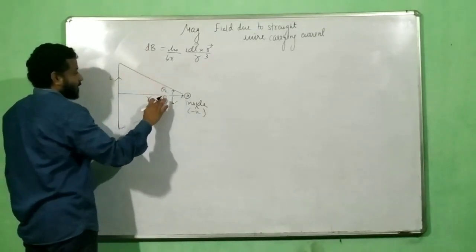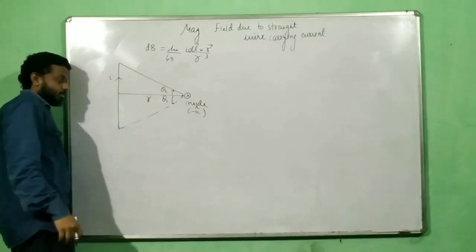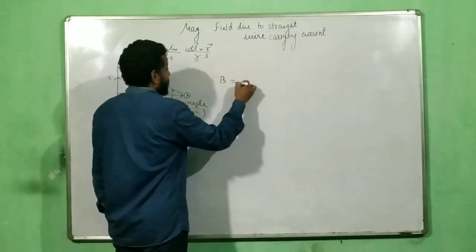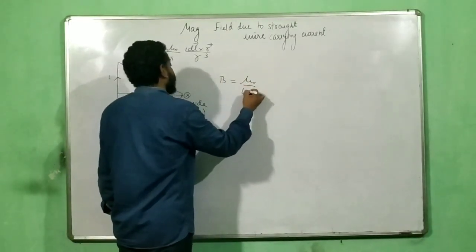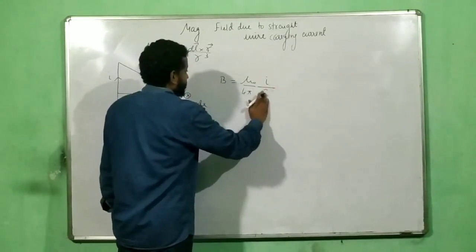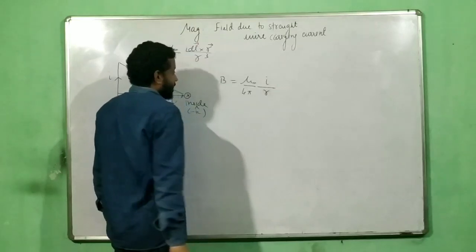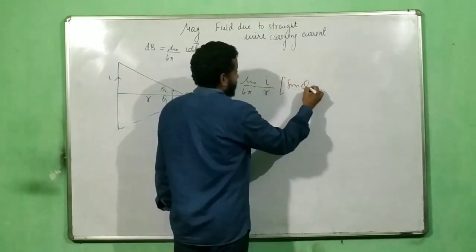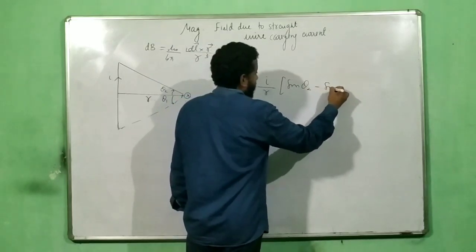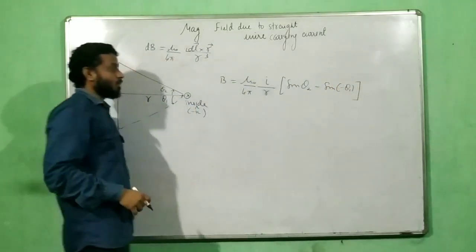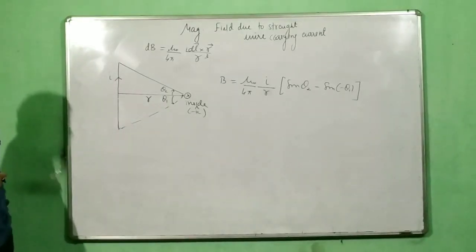So the formula for this field is given by mu naught by 4 pi I by R times sine theta 2 minus sine of minus theta 1. This is how the formula looks, correct?